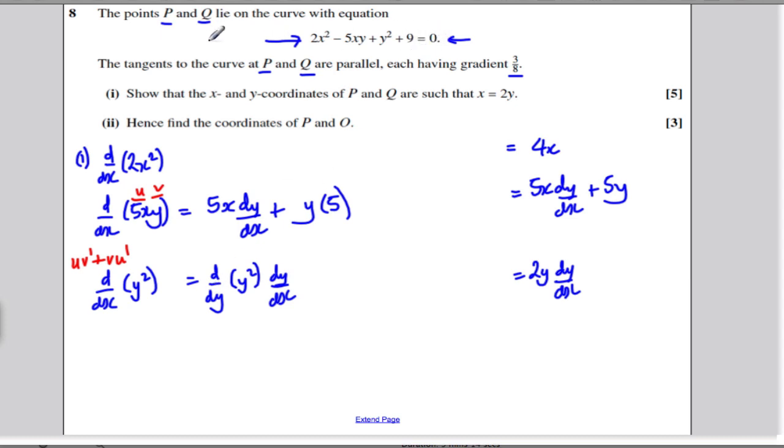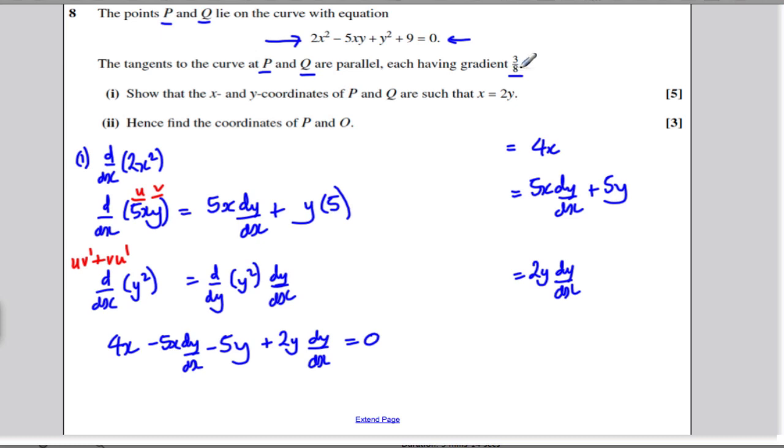So plugging everything in, the whole differentiated thing is 4x. Now remember, I'm subtracting this, so I'm subtracting 5x dy by dx. I'm also subtracting 5y. I'm adding 2y dy by dx. The 9's gone and I get 0.